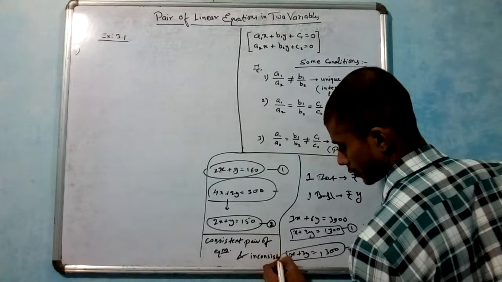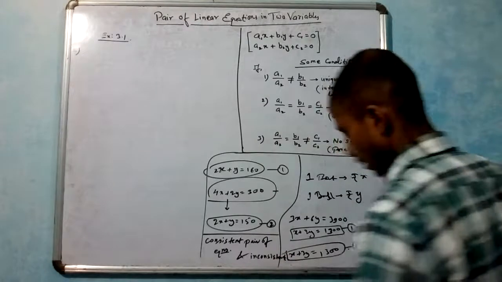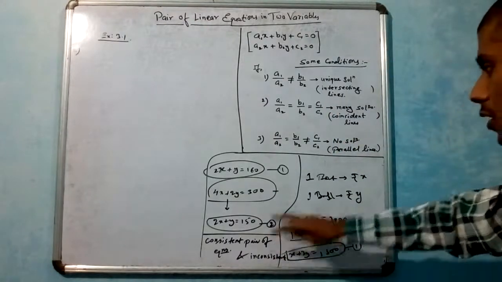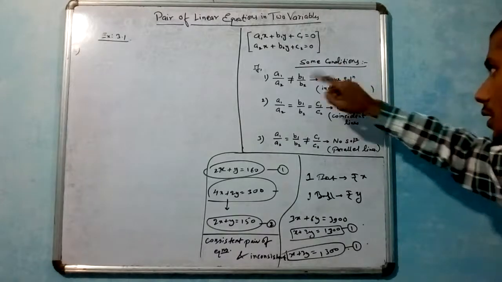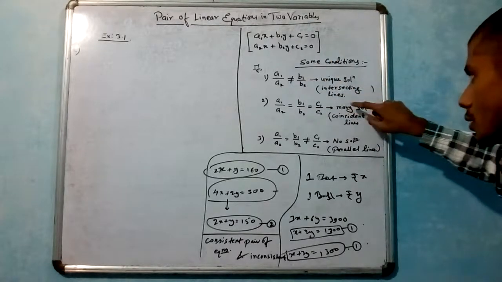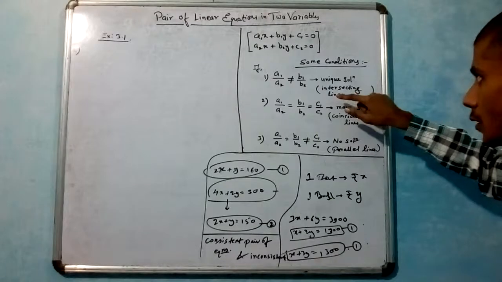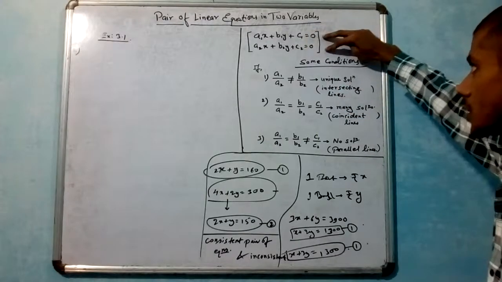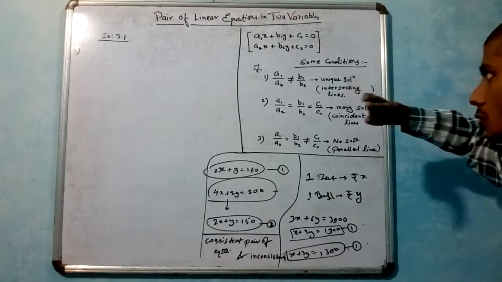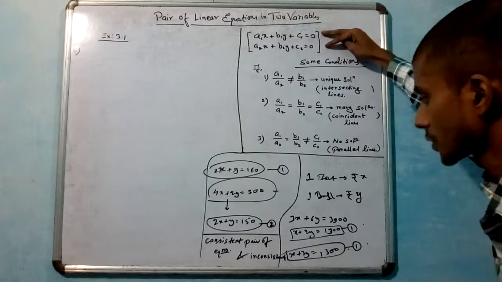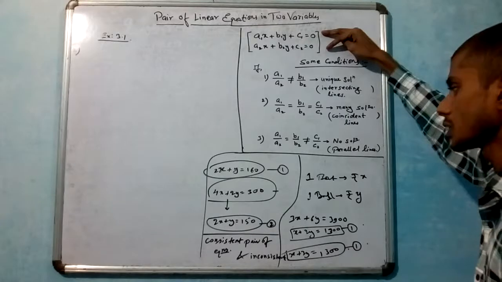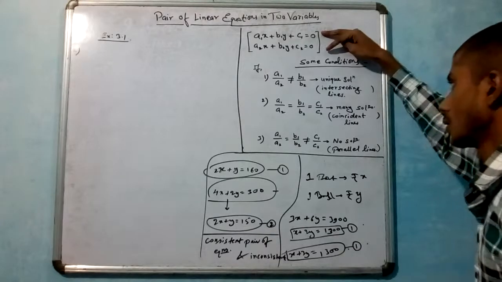What does it actually mean? Consistent pairs of equations are those which have a solution, whether a unique solution or many solutions. So those pairs of equations which have solutions are called consistent pairs of equations.